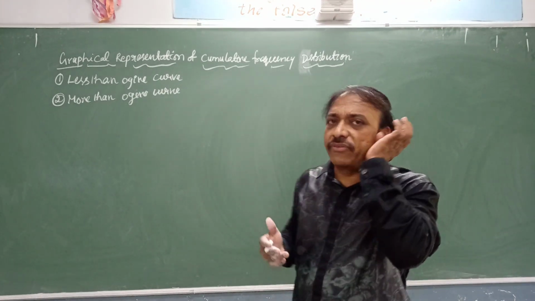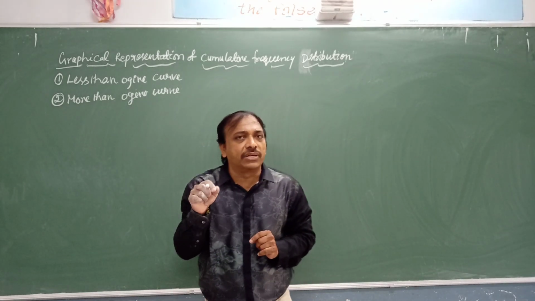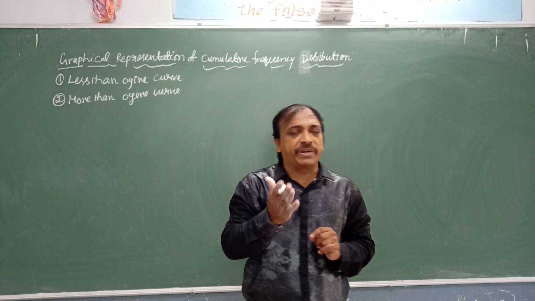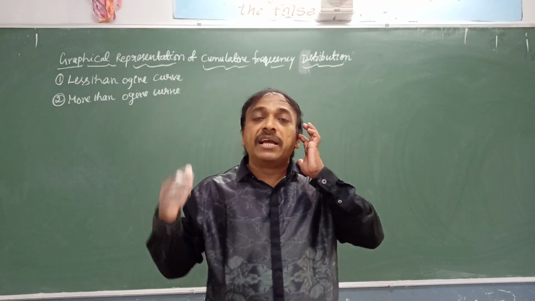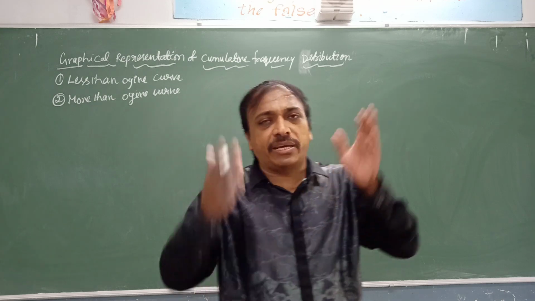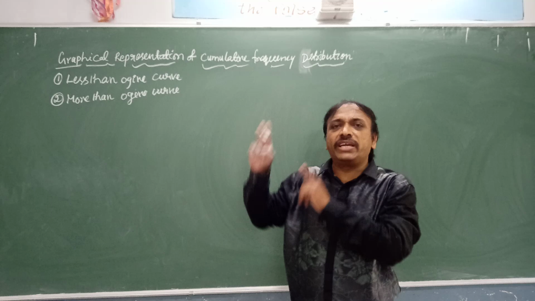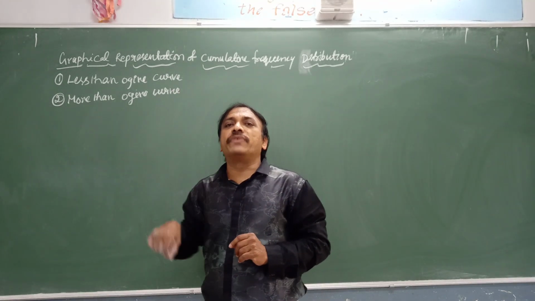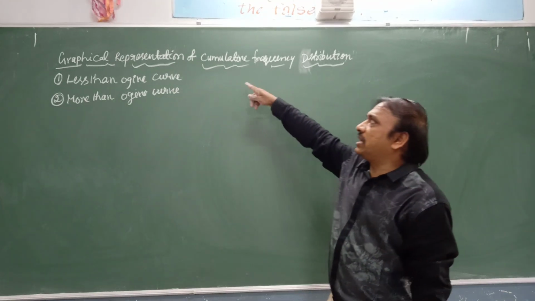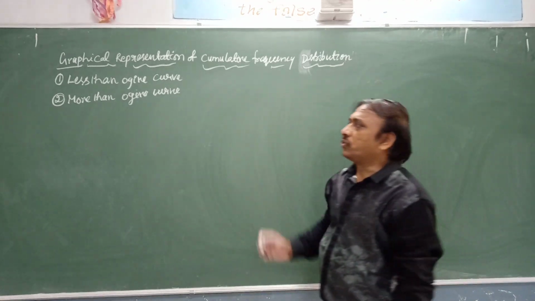Cumulative frequency: we heard this term in the previous class, when we discussed the median. While calculating the median, the first step in the tabular form, after writing class intervals and frequencies, was to calculate the cumulative frequencies. So for the graphical representation of cumulative frequency distribution, we have two types.